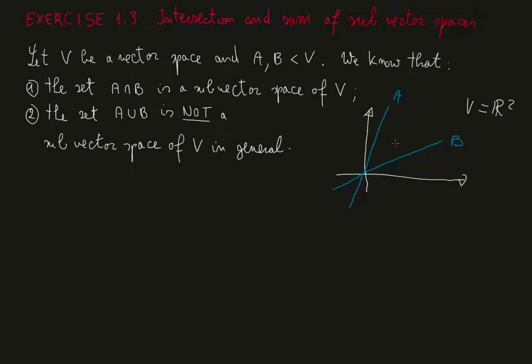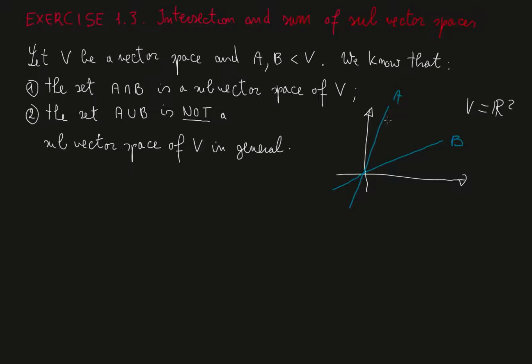Well, in order to check if the union of A with B is a subvector space of R squared, we need to show in particular that there is closure with respect to the sum.